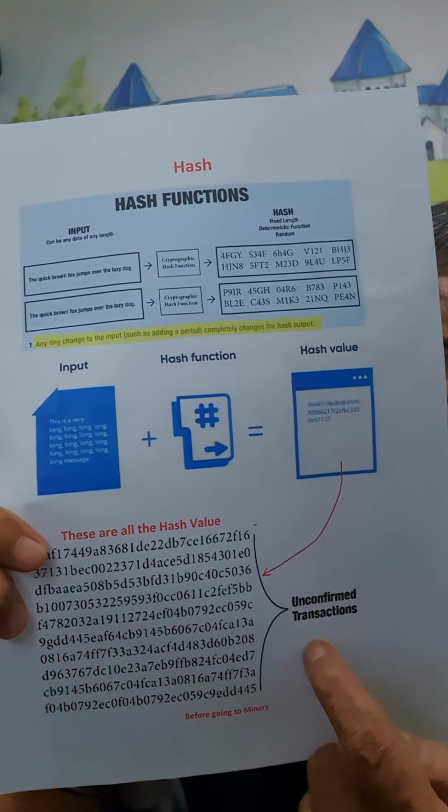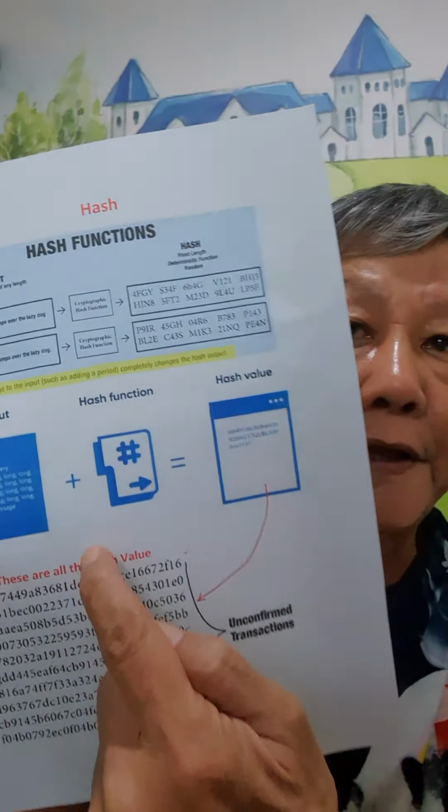So how does it work? The miners will pick a random set of unconfirmed transactions from the mempool. Remember the last time we talked about this? Unconfirmed transactions in the mempool. And put them into a block of 1 megabyte as designed in the Bitcoin protocol.